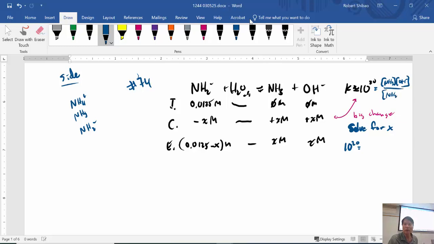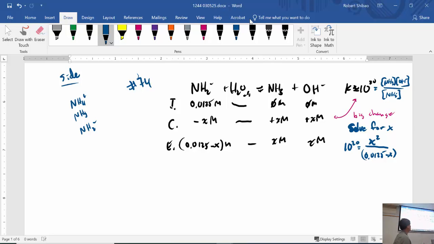Water is 1, so I'm not even going to include it. Everything's to the first power because all the coefficients are 1. So 10 to the 20th is going to equal x times x, or x squared, divided by 0.0125 minus x.